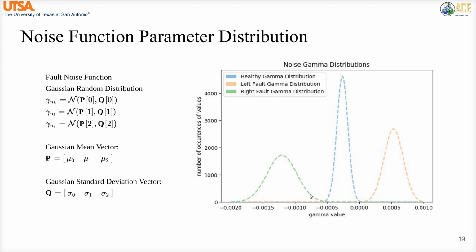And as you can see, they are completely separable. The idea with this, once again, is that this is a generative model, so in simulation, if I decide that I want to run a healthy simulation, I can pull a new random noise drift function from this distribution, and same thing with the other faults that are optimized for.